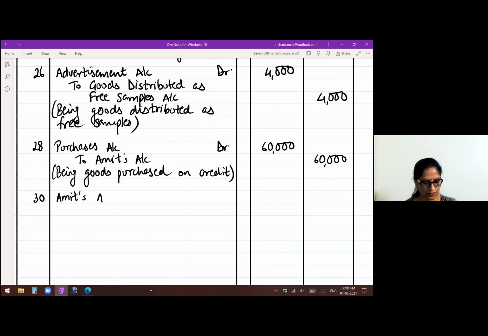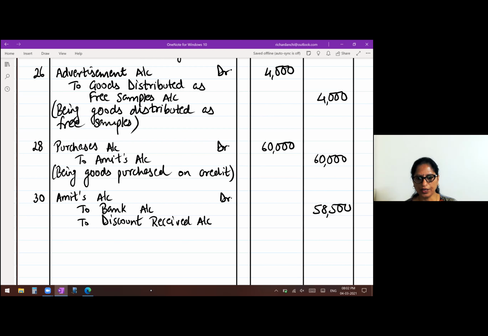You can write the entry first. Amit's account debit to bank account to discount received account. Now you can see there how much you are paying to Amit. So how much cash is going out from the bank? It is 58,500. Okay, to bank in the credit column, 58,500, who allowed us discount of 1,500.